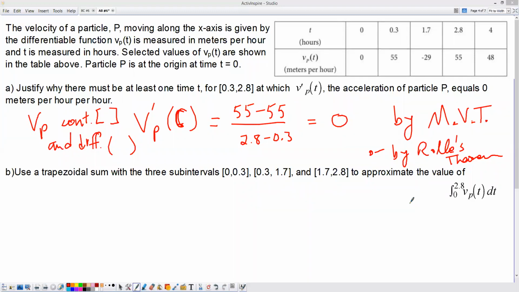Any other questions there on part A? Yes, Derek, it has to be closed. It's continuous on the closed interval and differentiable on the open interval. That's the specific criteria for the mean value theorem.